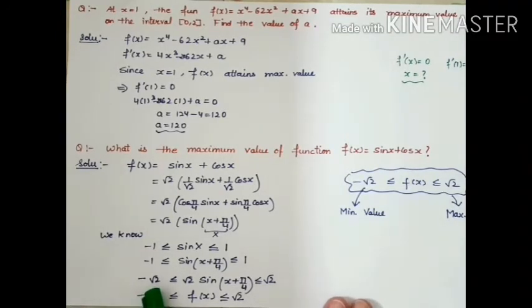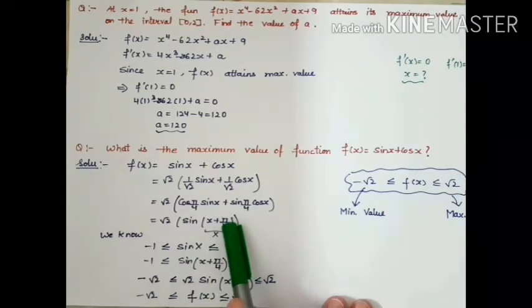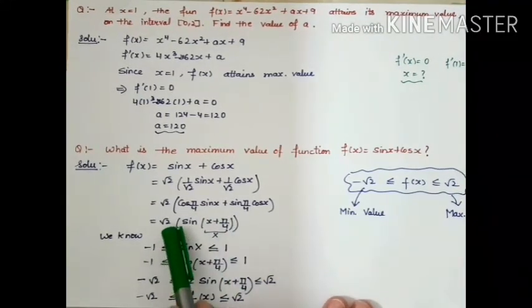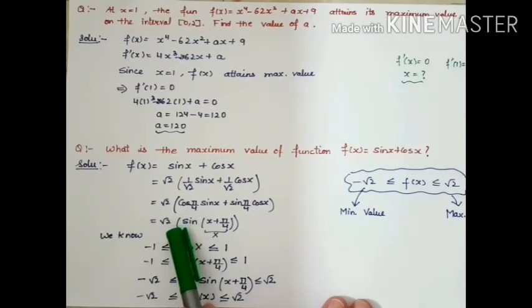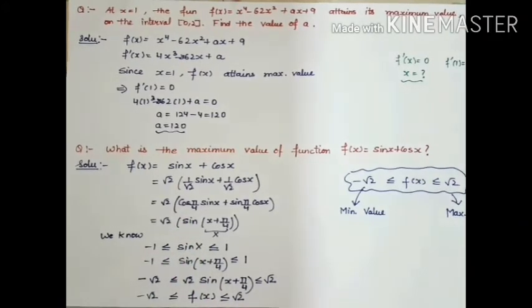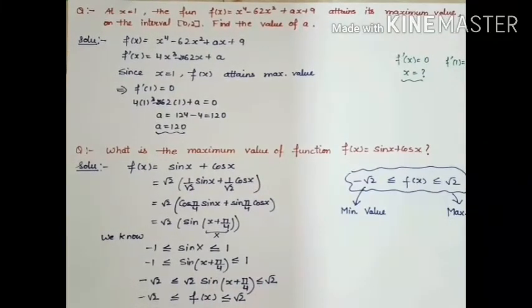Now here what we are trying to do, basically we are trying to write sin x as our f of x. So whatever extra terms are required in multiplication, we have multiplied, and this whole thing is nothing but f of x. So just by taking the range for sin x, we have got that my f of x will lie between minus root 2 to root 2, including these two extreme values.